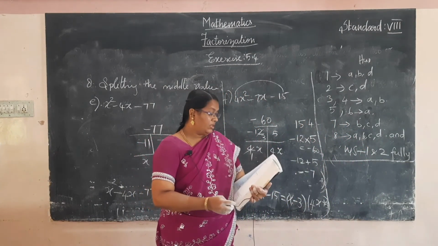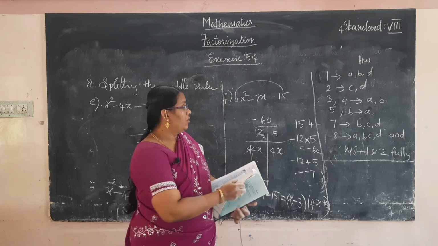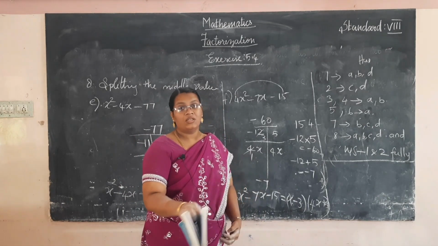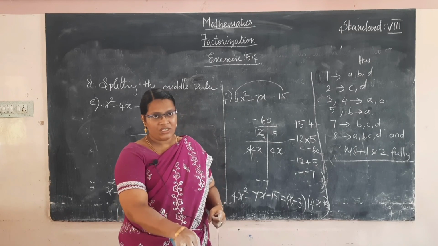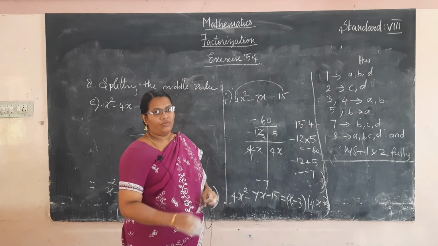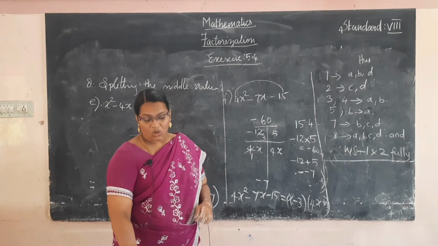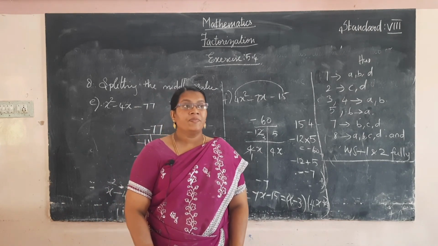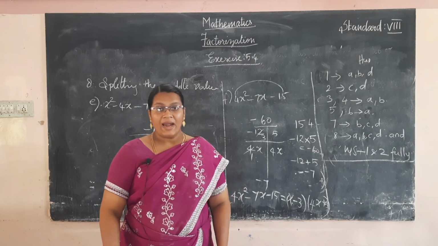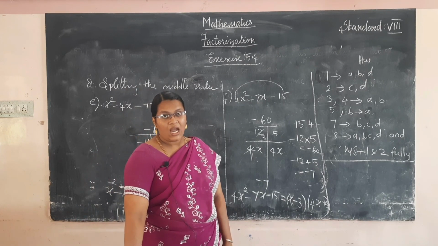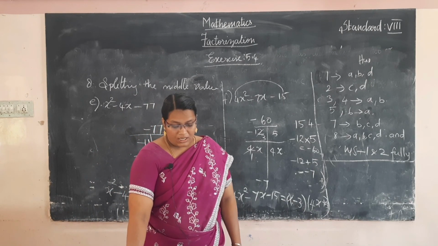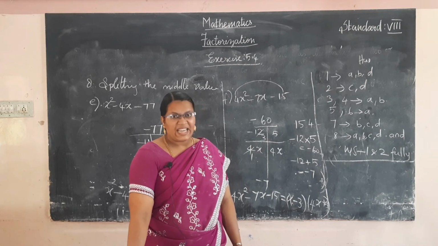Okay, so in this unit we have completed, let us see what we learned in this unit. In this unit we have learned algebraic expressions and types of algebraic expressions based on their terms, and then how to add, subtract, multiply and divide algebraic expressions, and how to use the identities.